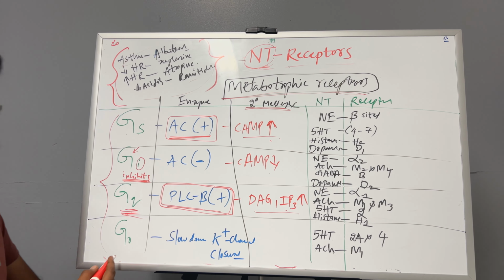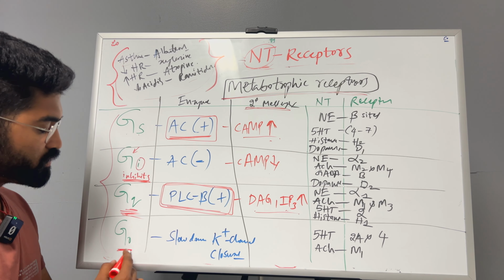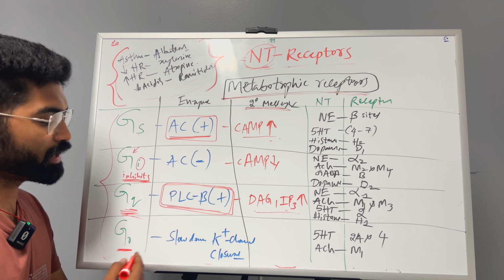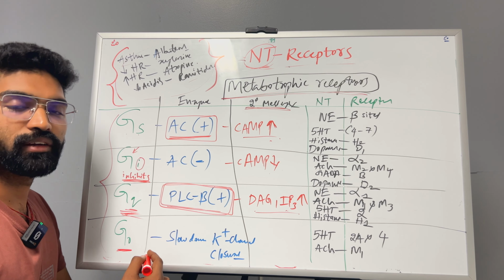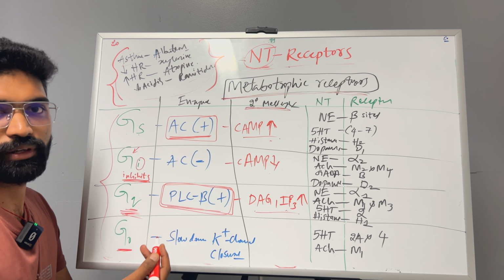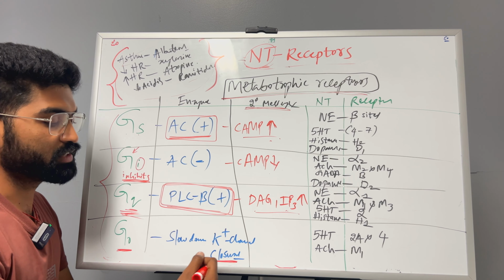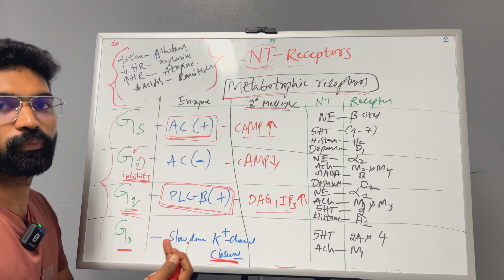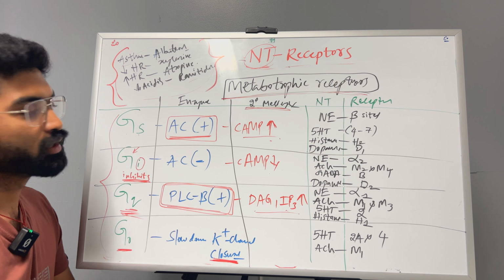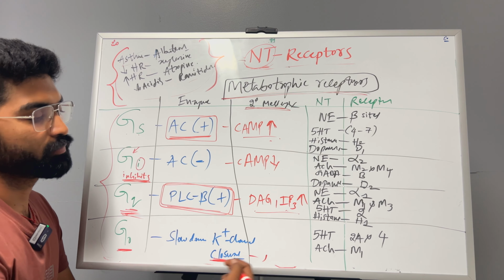And the last one is the GO. The main function of these GO type receptors is slowing down the potassium channel closure. If the potassium channels are closing slowly, that leads to a very slow onset of depolarization, and that will show the effect.